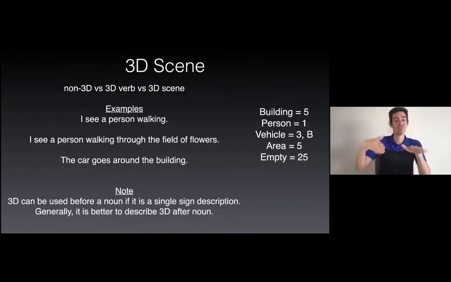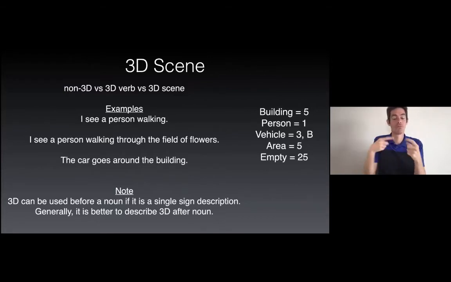Next sentence. I saw a person walking through a field of flowers. Third sentence. So without 3D, you would say the car goes around the building. So that's, sorry, that was 3D.